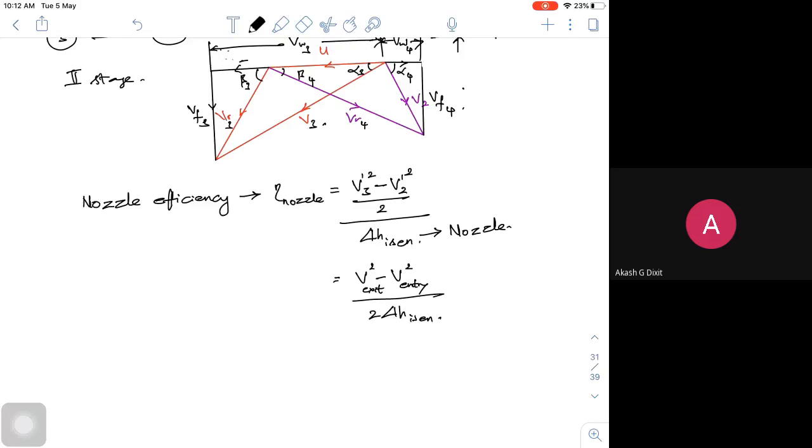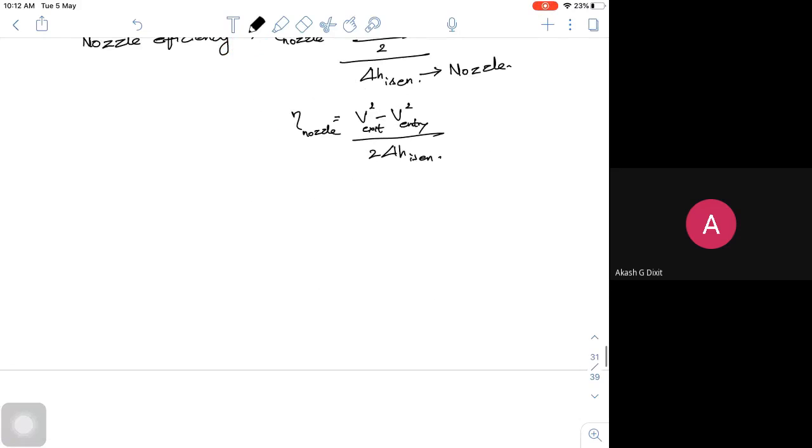This is my generalized formula for your nozzle efficiency. Okay. Now, before we try to get an expression for efficiency for multi-staging, let's use some cosine rule and try to get some expressions for your velocity triangle.